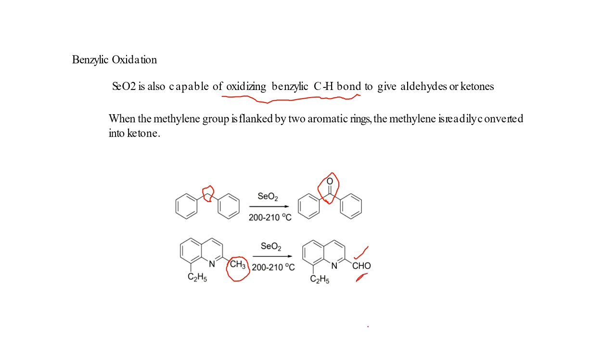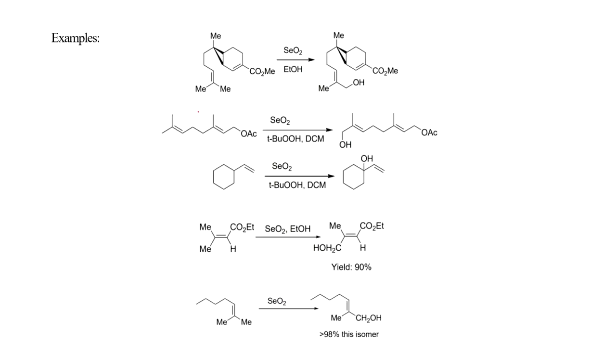See, these are some of the important examples of allylic oxidation given by selenium dioxide. In the first example, you can see this position is allylic position. Also, these two positions are allylic positions. This end is less substituted, and these are more substituted.